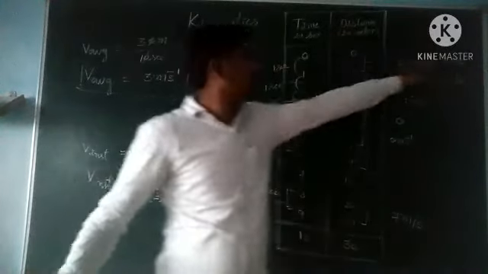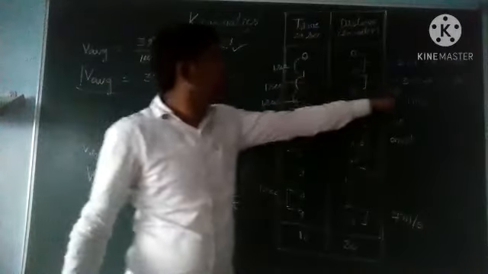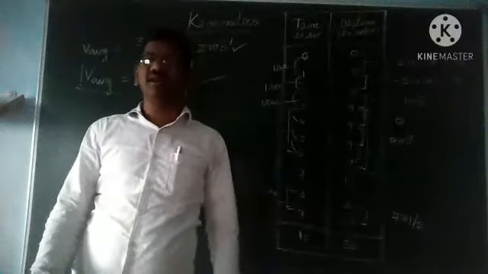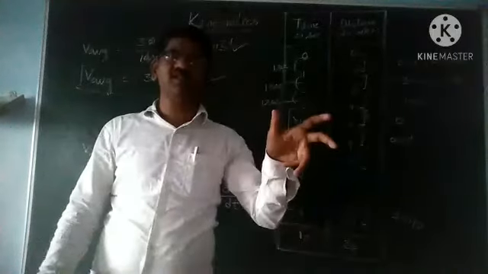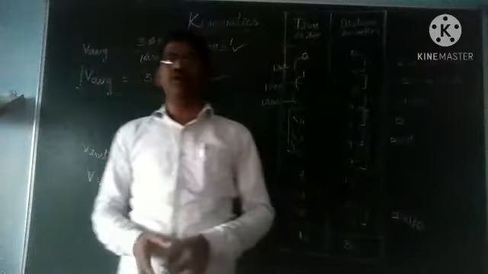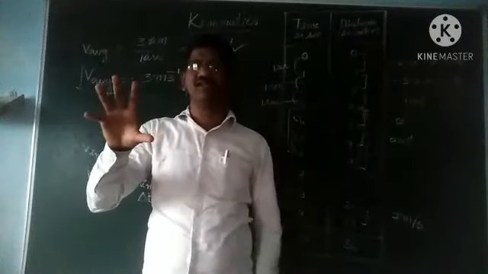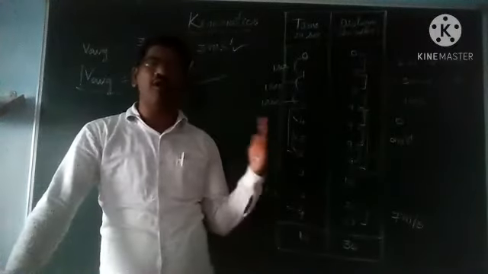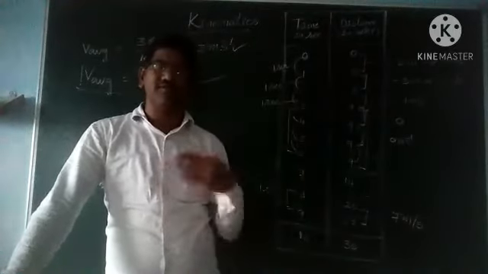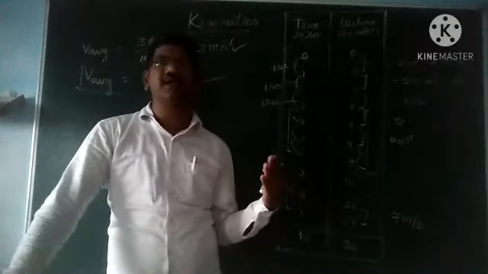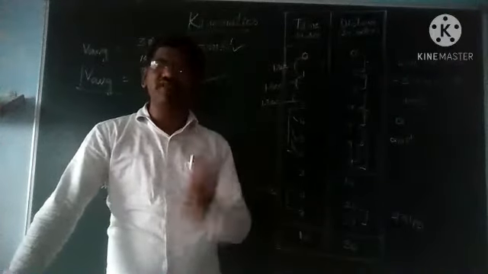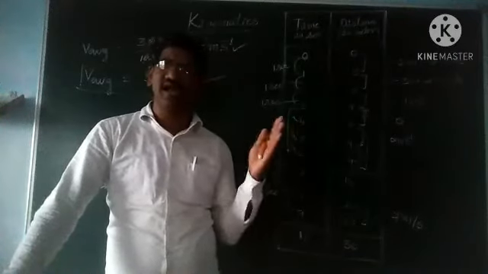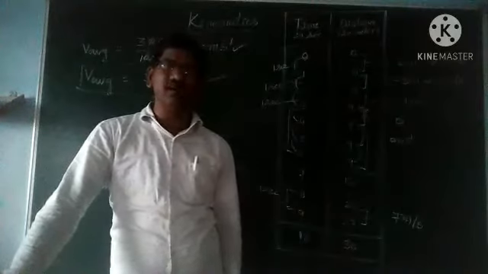The first interval of time 5 meter per second, next interval of time 3 meter per second, next interval 1 meter per second. It is maintaining different speeds at different instants. Means it is covering unequal distances in equal intervals of time. Or if it covers equal distances in unequal time, then also it is said to be moving with a non-uniform speed or variable speed. And after that we discussed the average speed. Average speed means mean speed, that is total distance by total time taken. And after that we discussed instantaneous speed.